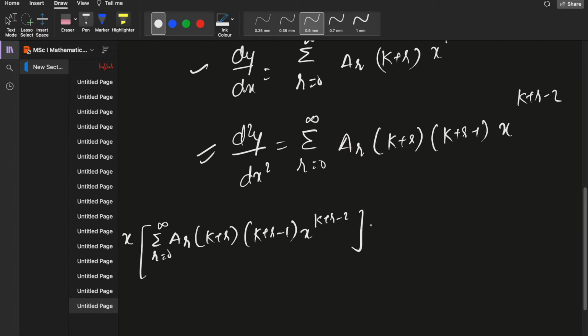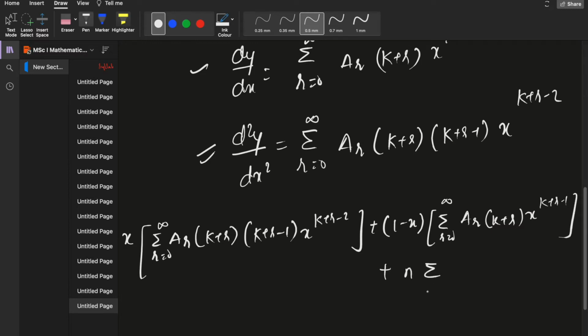Plus (1 minus x) times summation r tends to 0 to infinity ar (k plus r) x to the power k plus r minus 1, plus n times y, which is summation r tends to 0 to infinity ar x to the power k plus r, equals 0.